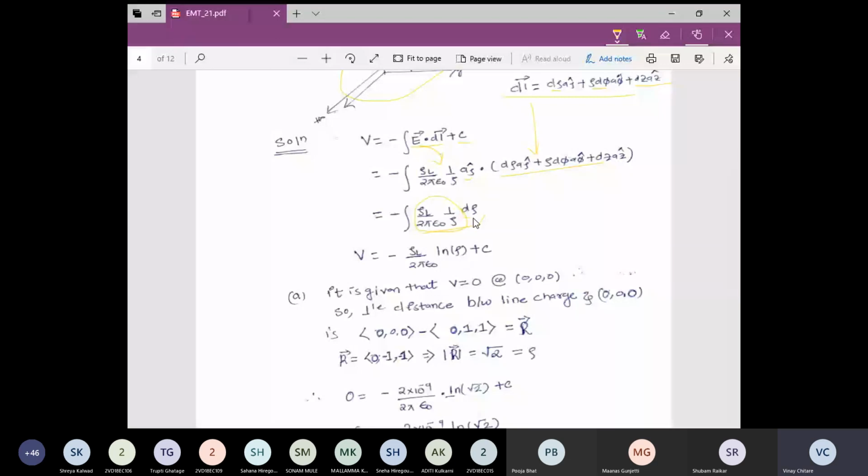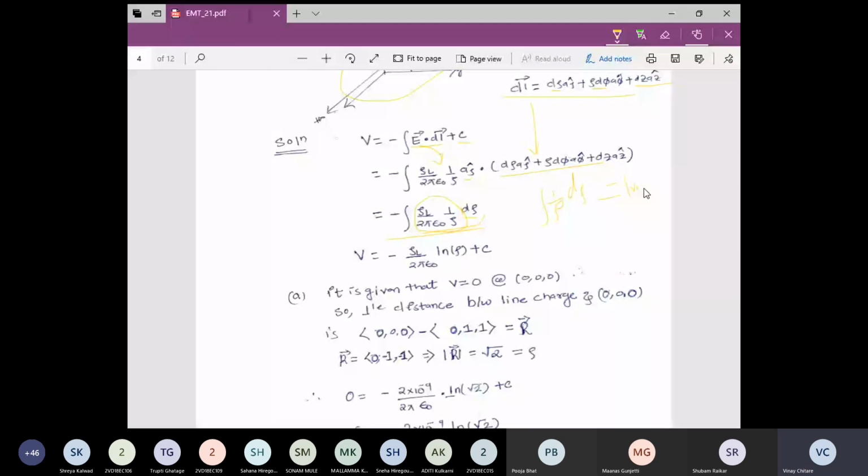Now you can see this is actually an indefinite integral. We don't have any limits. Rho_L by 2 pi epsilon is all constant, and we know that the integration of 1 by rho d rho is ln rho plus c.